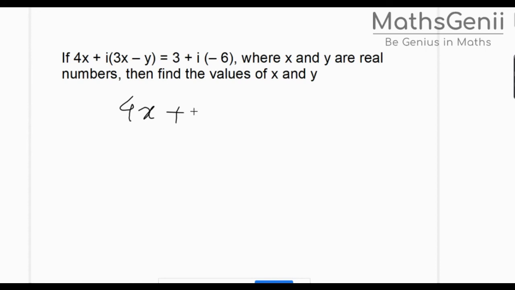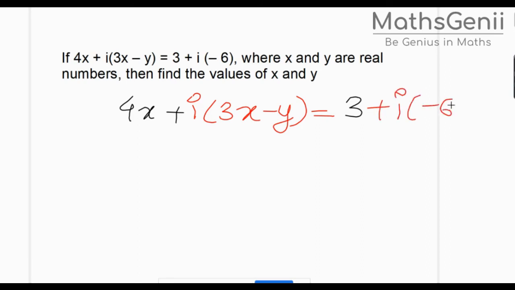I'm just changing color and writing it for the ease of understanding. I'm writing whatever values have i in red. Now it's very simple.